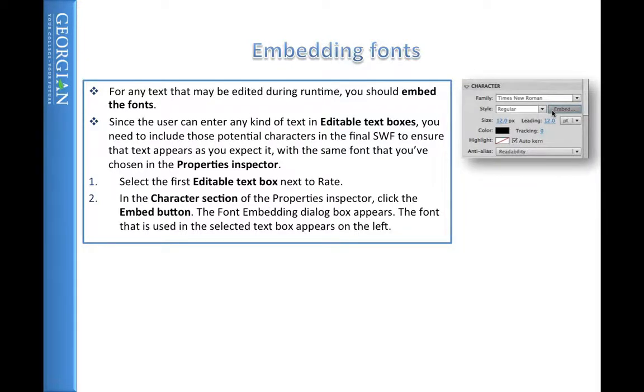Now we got to kind of embed the fonts, and because we've added these areas, we don't care about the boxes we've embedded in the movie, like for the actual text. We care about the data that's coming from us from the editable text boxes, right? So what we got to do is select the first box next to rate, and in the character section we have to click the embed button as an example.